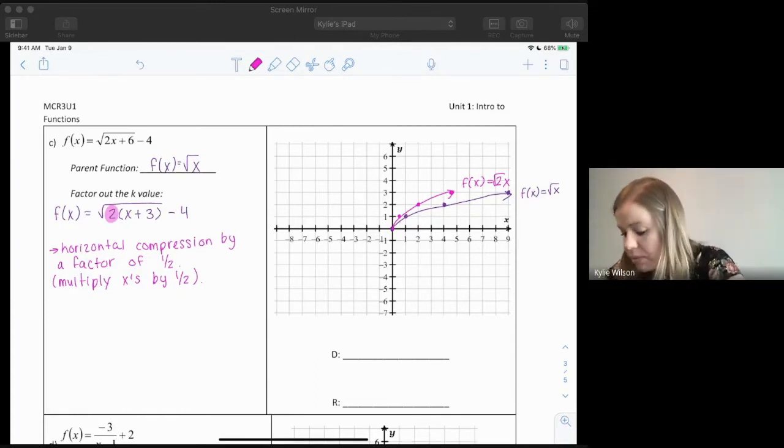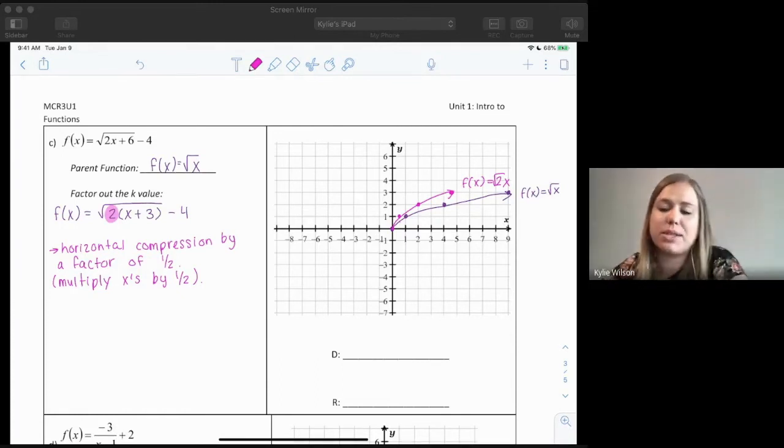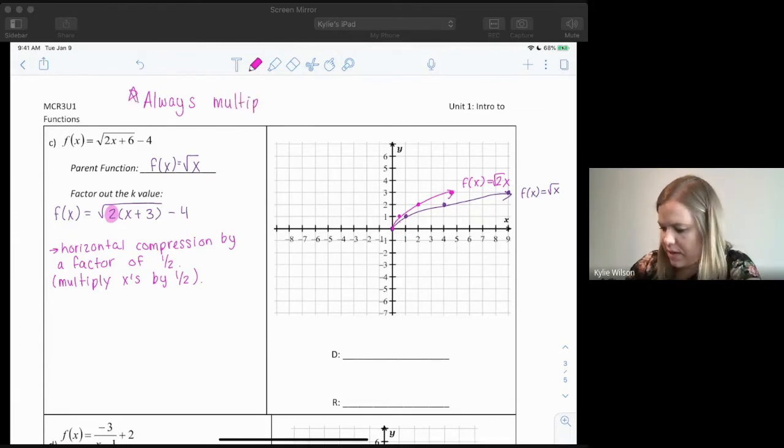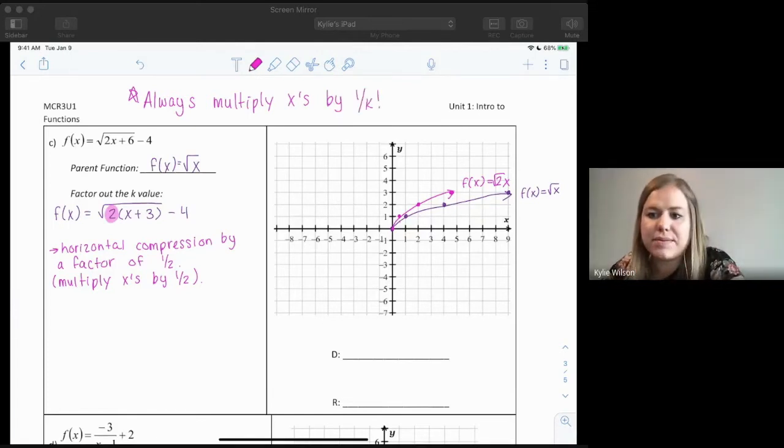So in this, with my k, I always multiply by 1 over k. We'll just leave this here. I'd make a note of that. So here we took all of our x's and we multiplied them by 1 over 2.